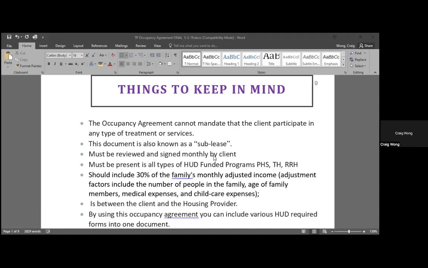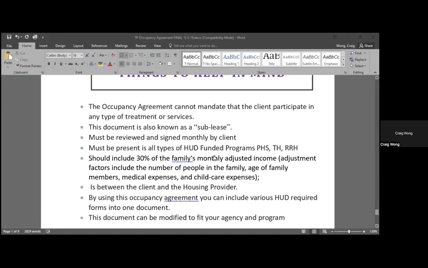This document also has other names, sublease, for instance, but for the purposes of our CoC and for our training, we call it the occupancy agreement. This agreement should be reviewed with the client monthly and signed off on. Some agencies have a one-page sheet from January to December, and each month when they meet with the client, they have them sign. That's important to be in the record as well.